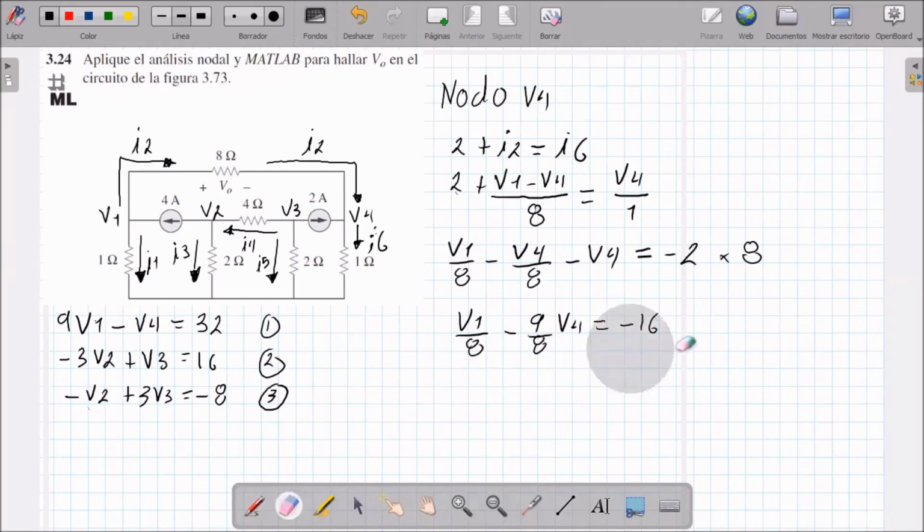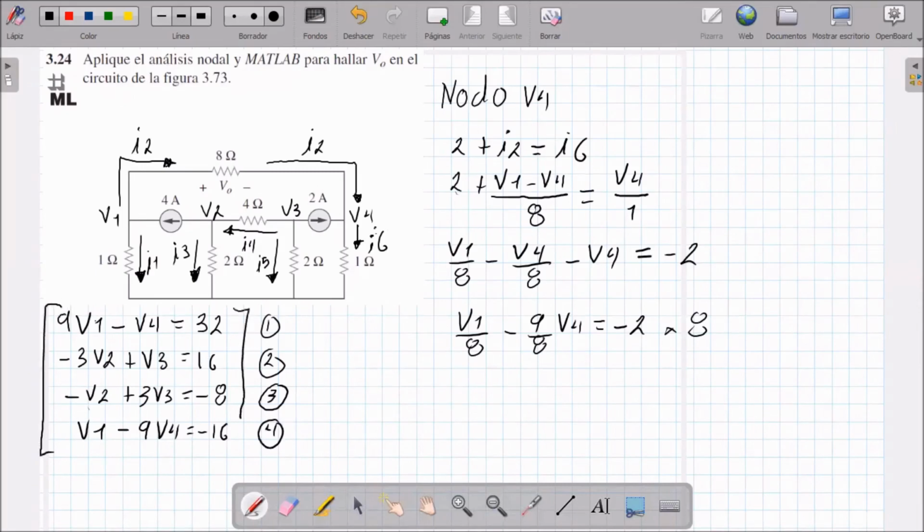Oh, no, I haven't multiplied by 8 yet. Now yes, here is the minus 2, and I am going to multiply by 8. It would be B1 minus 9B4 equals 8 times 2, 16, minus 16. That would be my equation number 4.